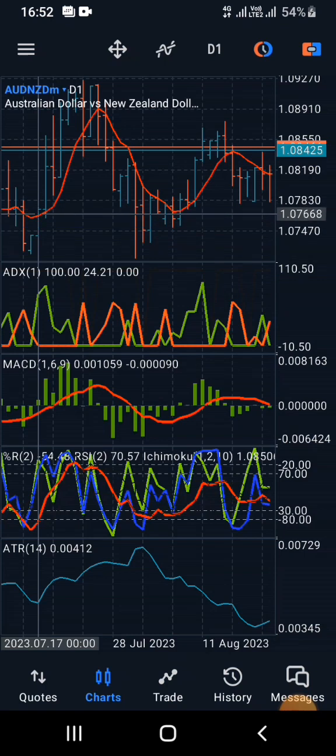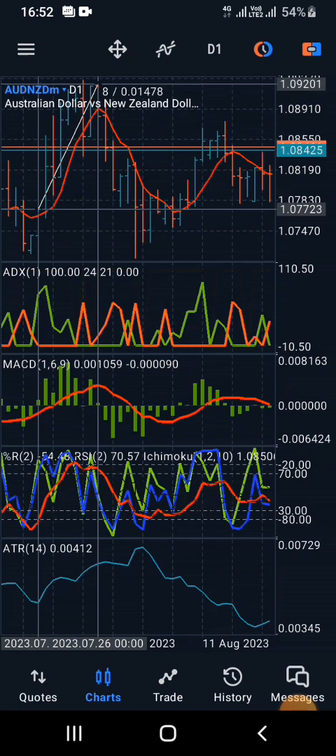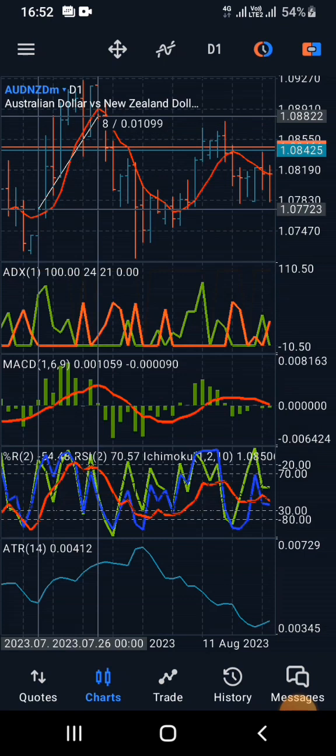And if we went long here based on that indicator, guess what will happen? We will have stayed long till maybe somewhere here, and we'll have made a total of 110 pips. Not bad.